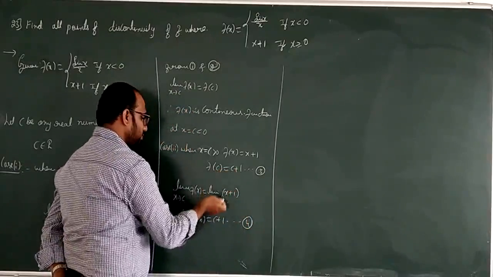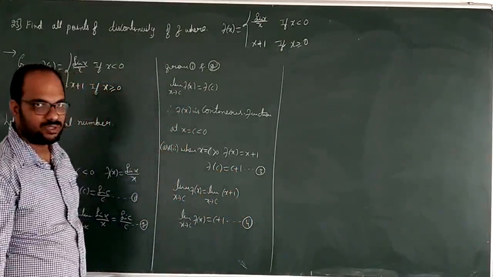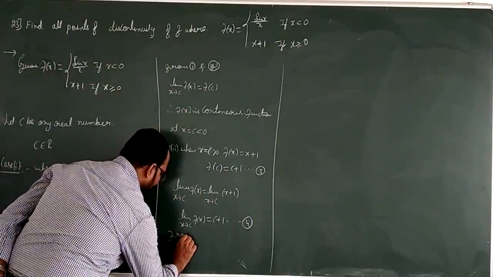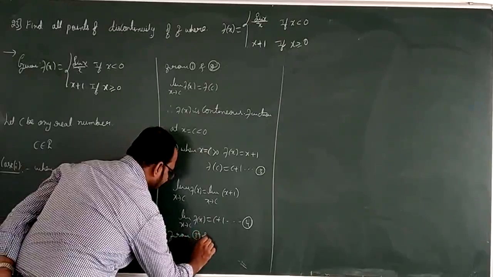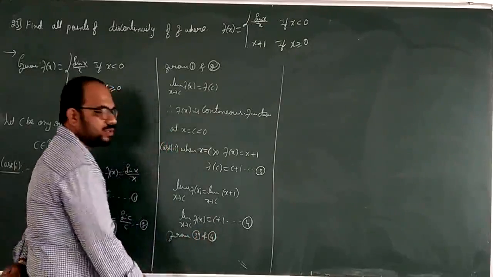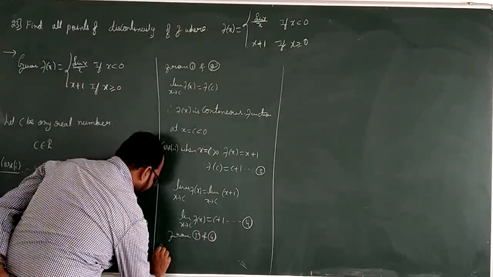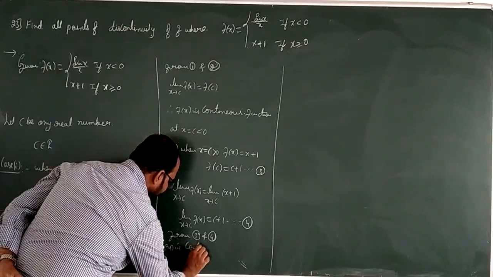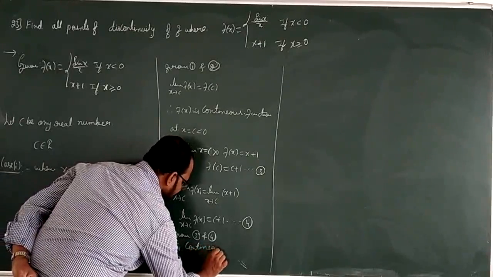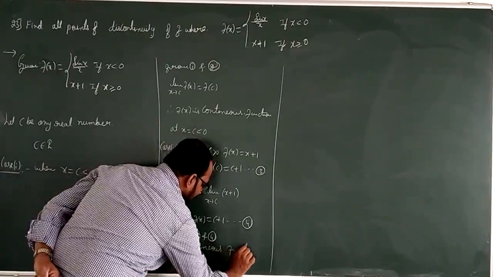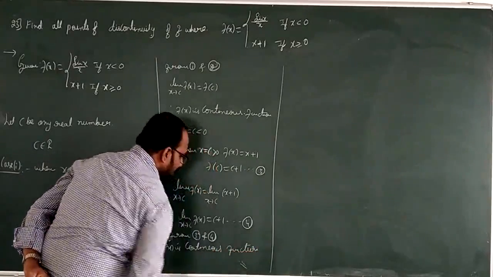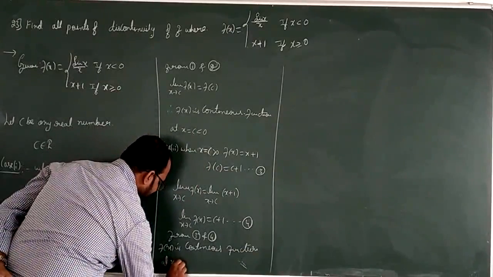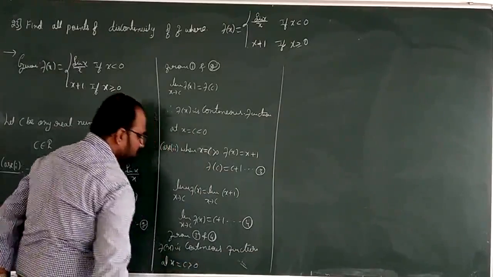Now compare equation 3 and equation 4, both are same, therefore f of x is a continuous function at x is equal to c is greater than 0.